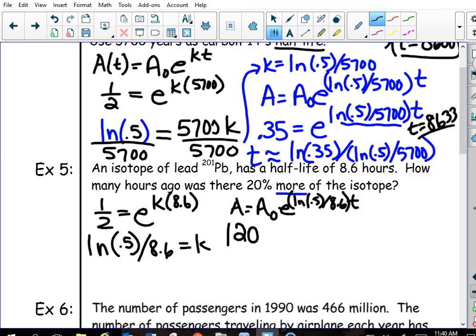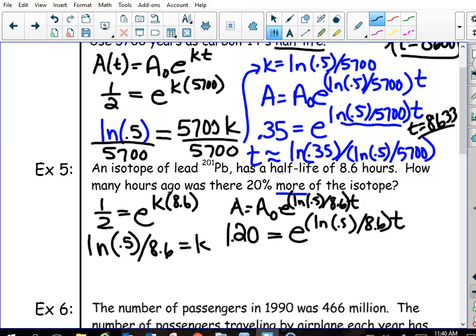So 20% more is going to be 120% in decimal. That's 1.20. And that's going to be equal to e to the ln 0.5 divided by 8.6 to the t.